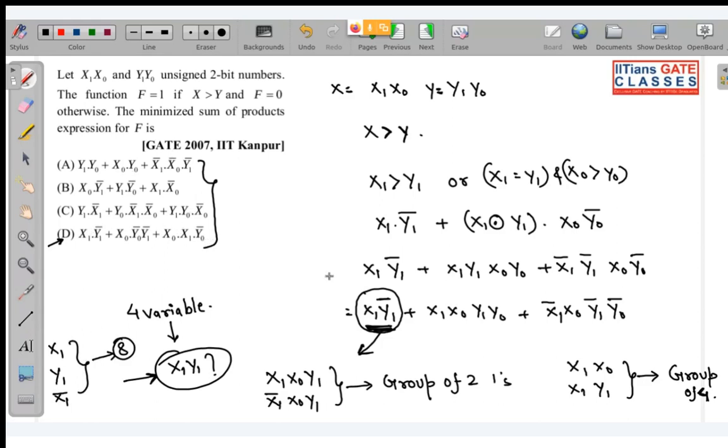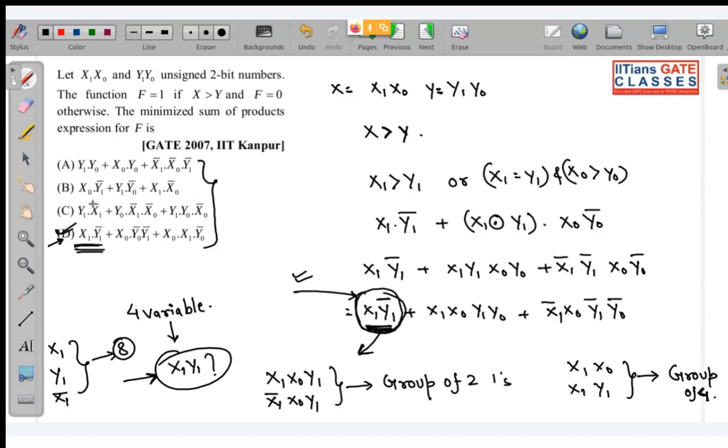So that means this term, as there is no single variable, is already minimized. So this should be present in the options, and you can see only in option D this is present. In the rest of the options, there are 3 variables present. That means there are 2 groups of 2 present. So option D is your correct answer even without solving.